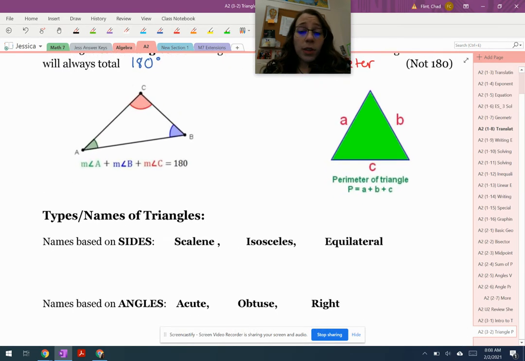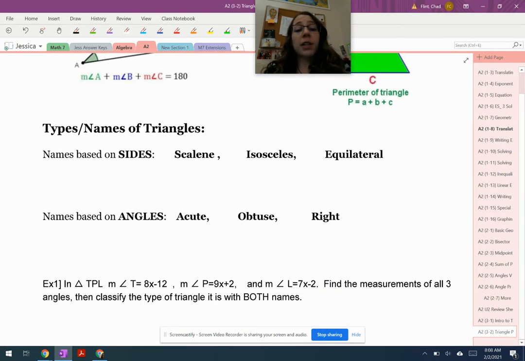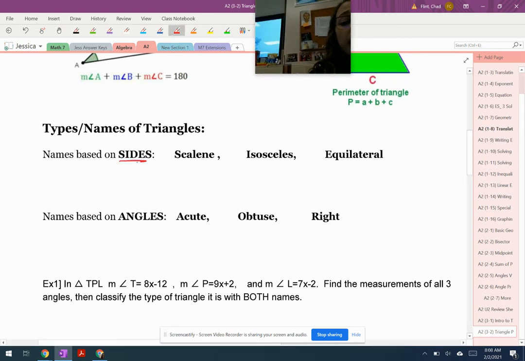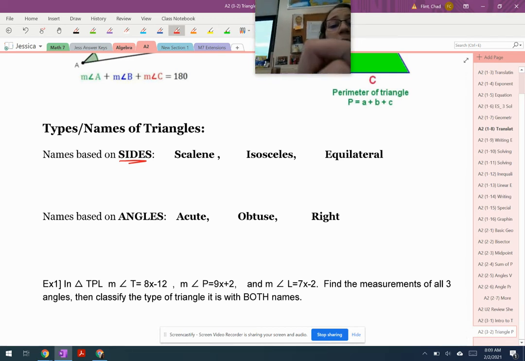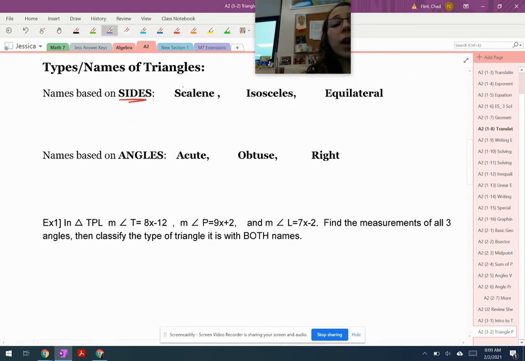So then, remember last lesson we talked about the different names of triangles based on sides versus angles. When we were talking about scalene, isosceles, and equilateral, those are ones you're going to want to have memorized. A scalene triangle has no equal sides and no equal angles.